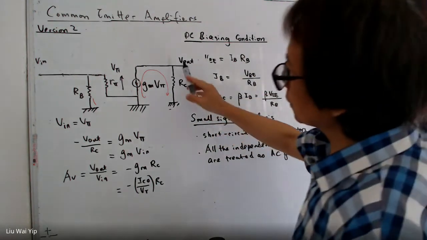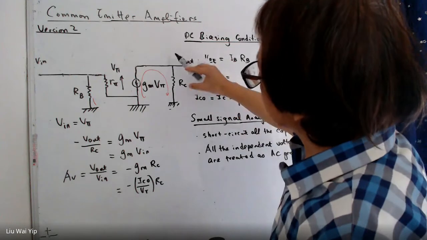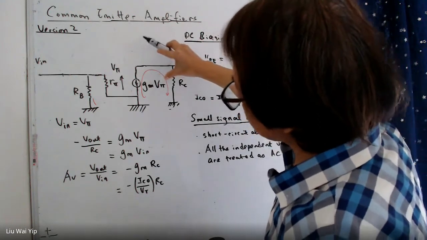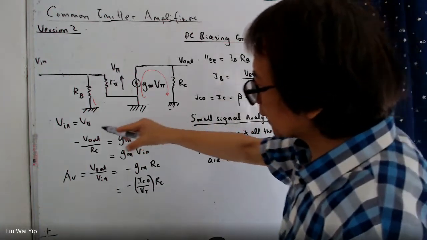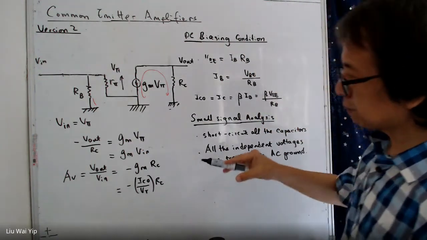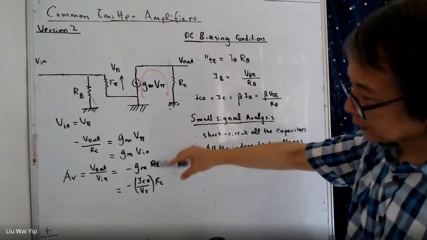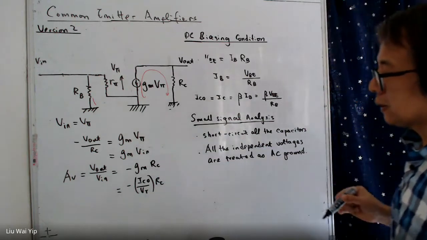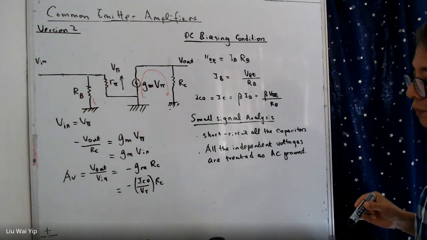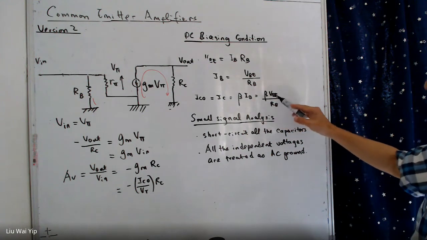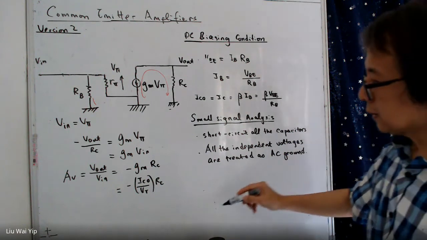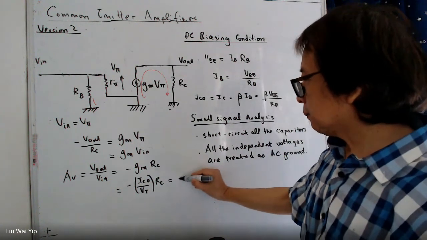You only need to use one battery to power the collector, and the rest of the circuit will be taken care of. And based on the analysis here, we have this voltage gain. And IC naught is equal to this value here. You may just rewrite this.